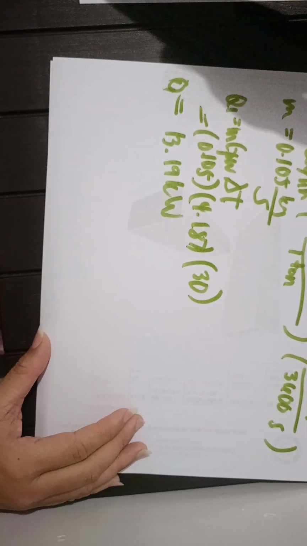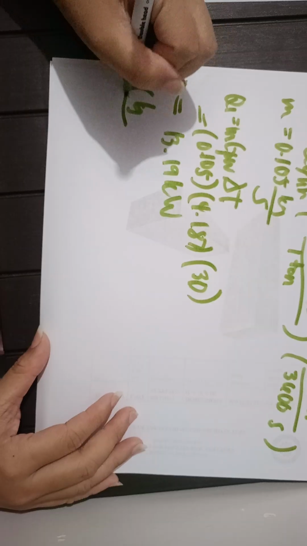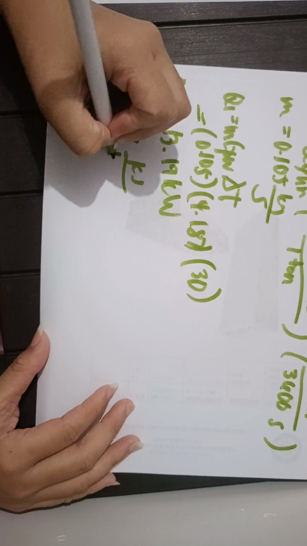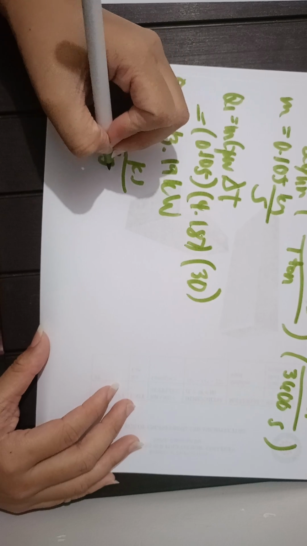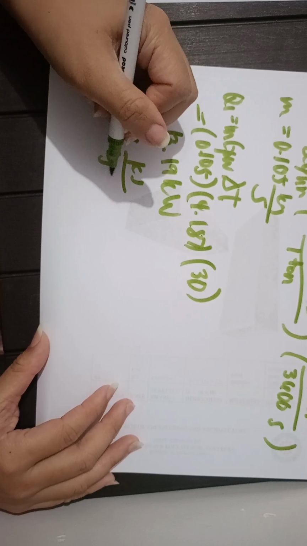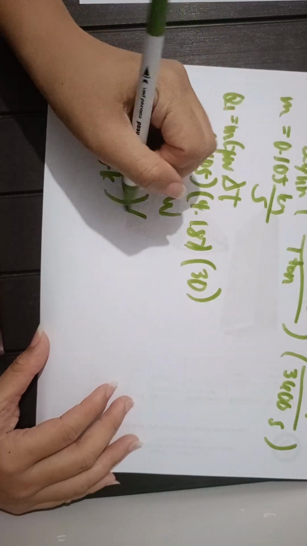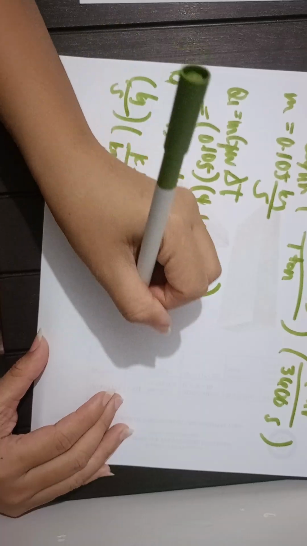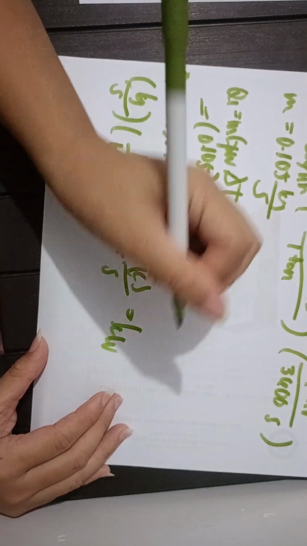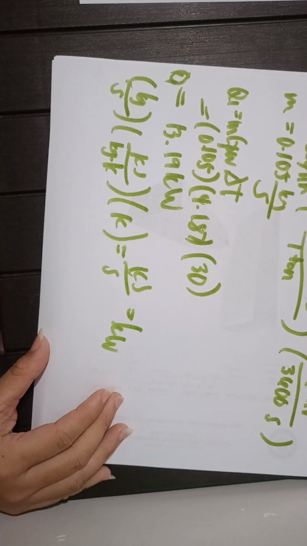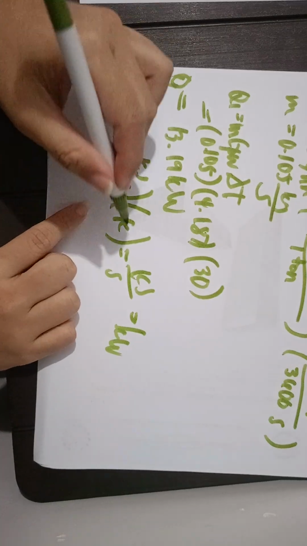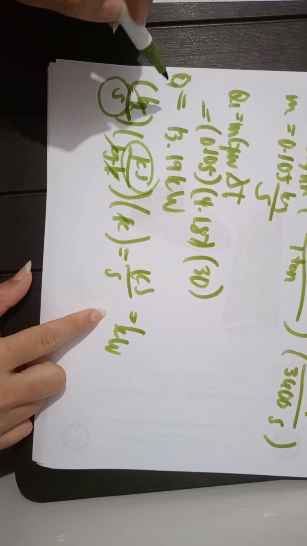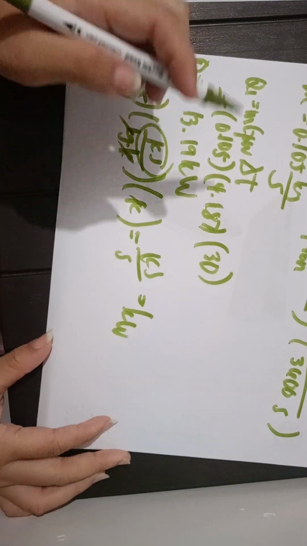For the unit analysis: kilogram per second multiplied by kilojoule per kilogram Kelvin multiplied by Kelvin, the kilograms and Kelvin cancel, leaving kilojoule per second.